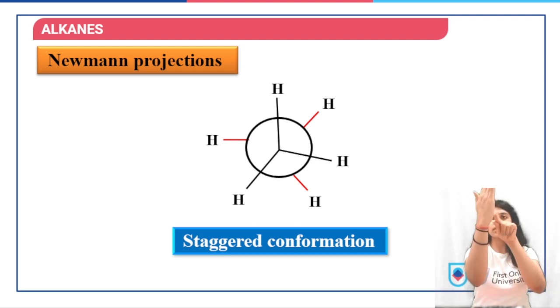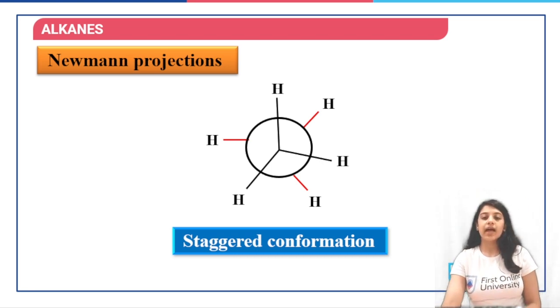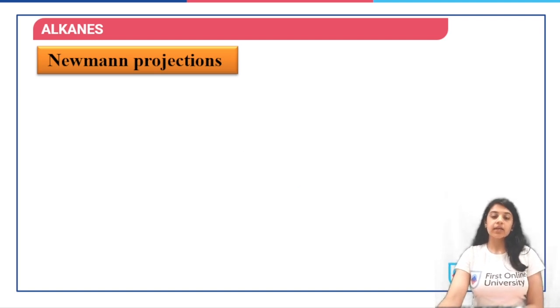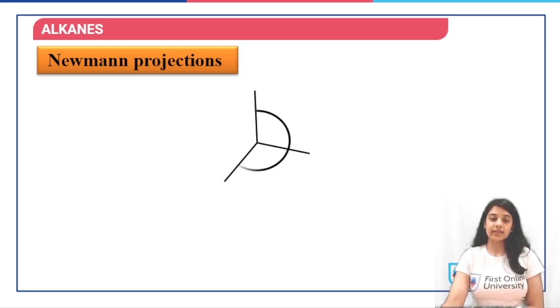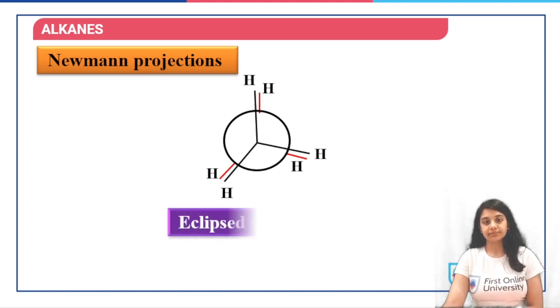Then this hydrogen, this carbon, and this carbon form another plane. And these two planes are 180 degree to each other. Therefore, the dihedral angle in case of staggered conformation is 180 degree. However, in case of eclipsed conformation, you have to draw exactly like this. Now here the dihedral angle is 0 degrees.